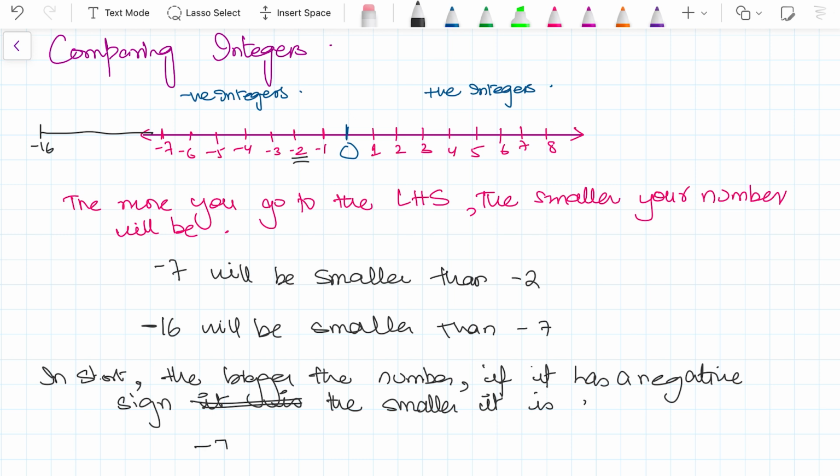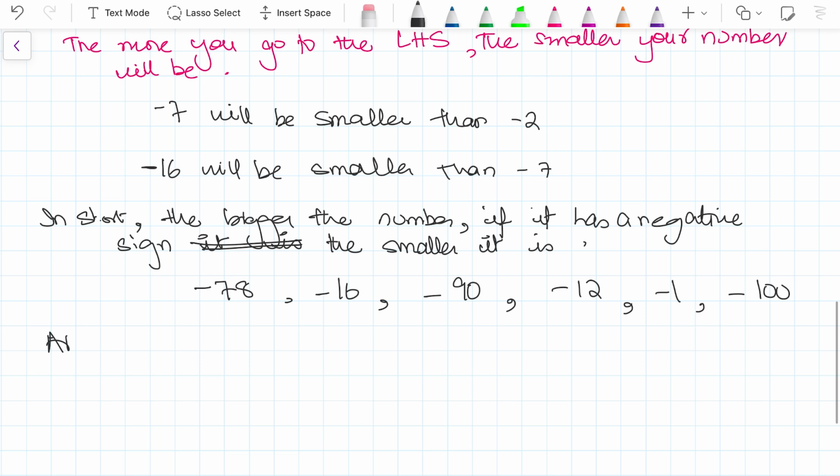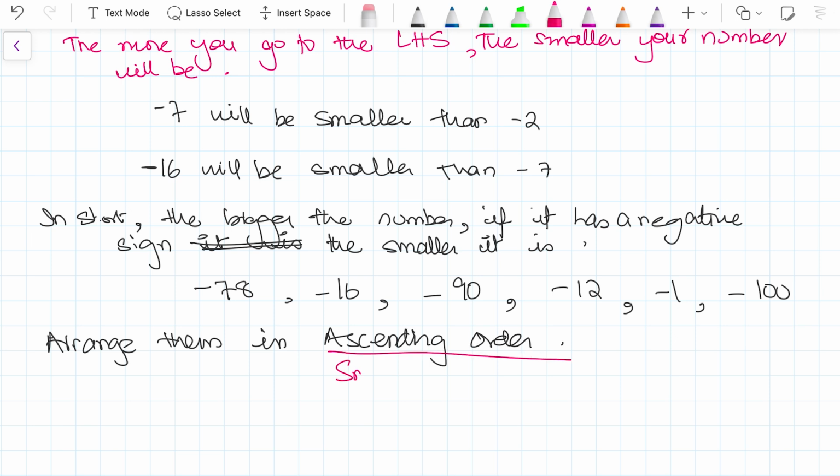Meaning, if you have a couple of integers, and you have to arrange them in ascending order. Ascending means smallest to biggest.